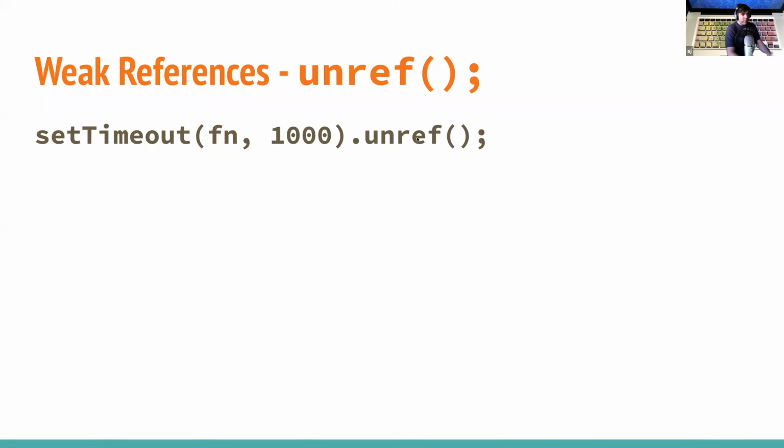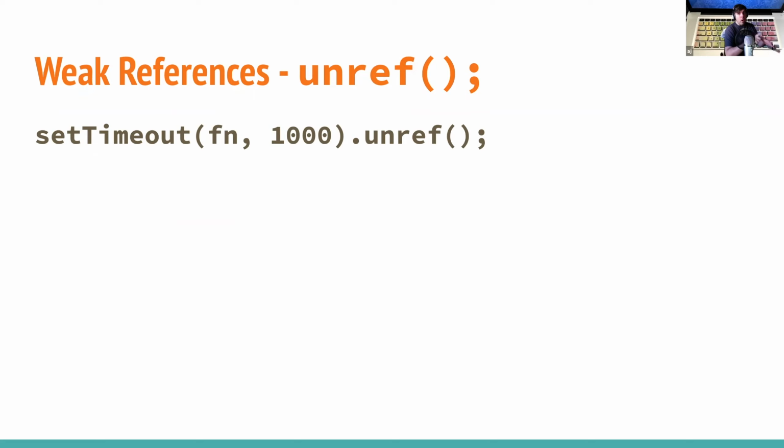In Node, not in the browser, almost every API that puts something on the event loop has a method called unref. This is true of child process. It's true of net, which means that it's true of HTTP and HTTPS.